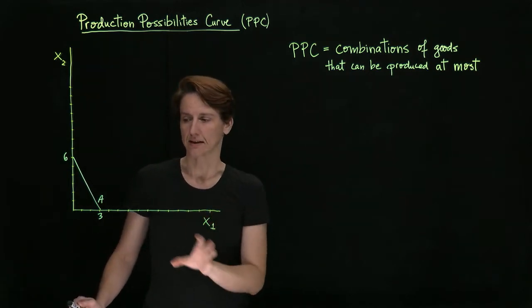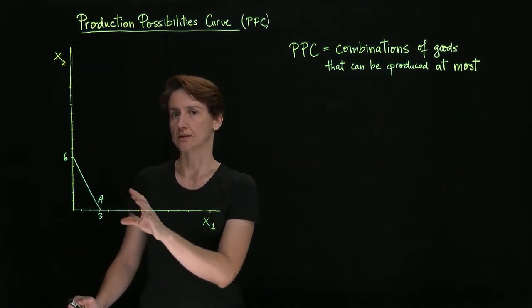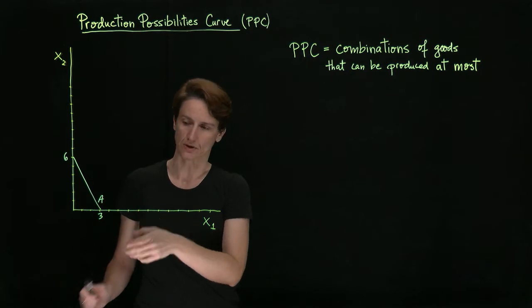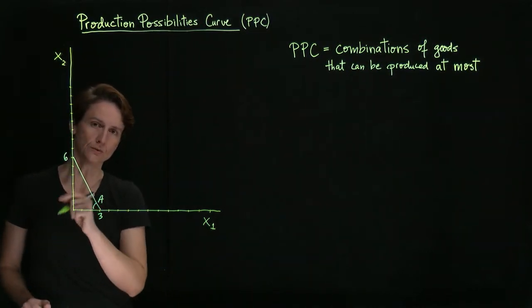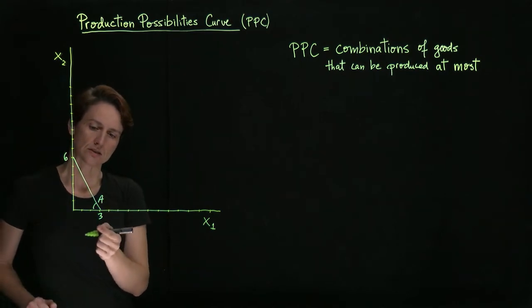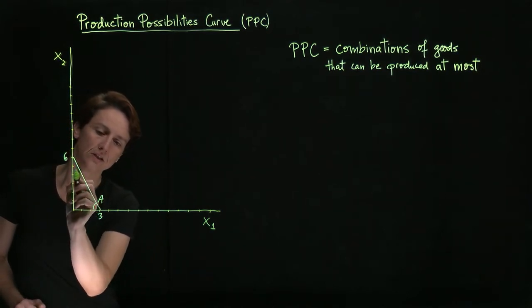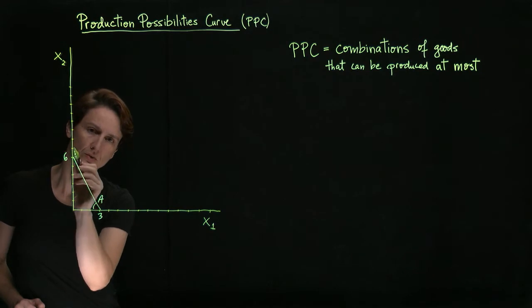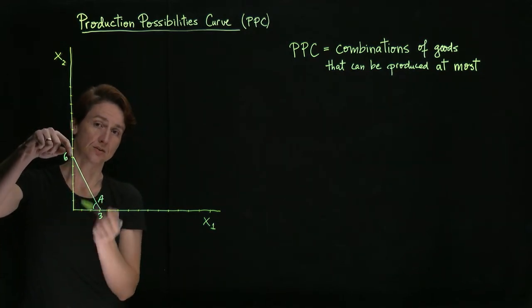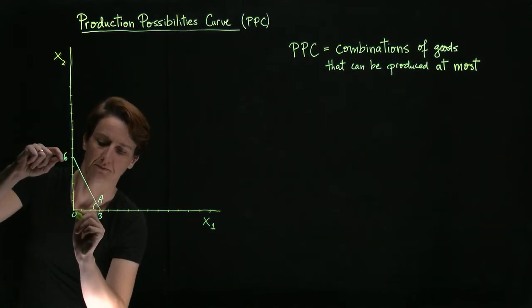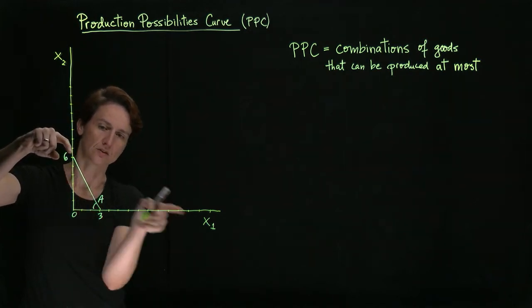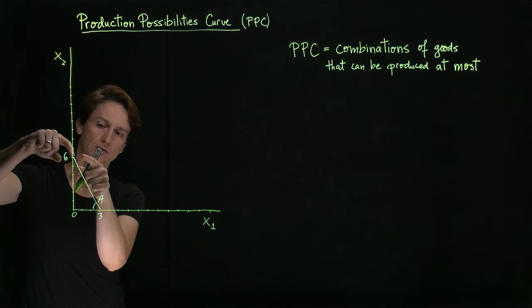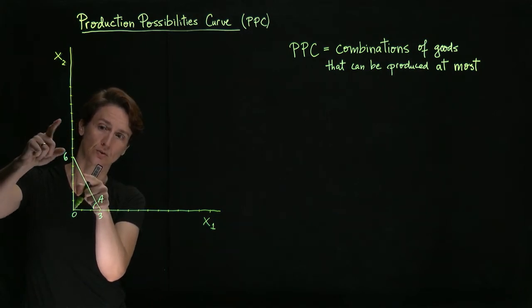As is often the case with these representations, it turns out that the slope is very important. The slope here takes value 2. And what it shows us is, for every unit of good 1 we want to produce, suppose that we're starting from 0 units of good 1 and 6 units of good 2, in order to produce 1 unit of good 1, Abe has to stop making 2 units of good 2.